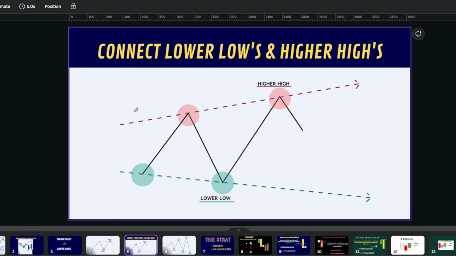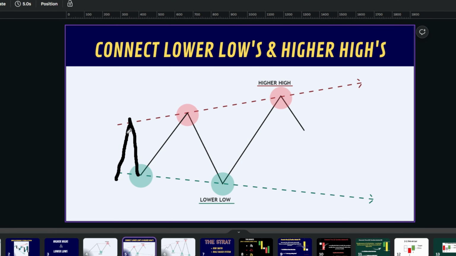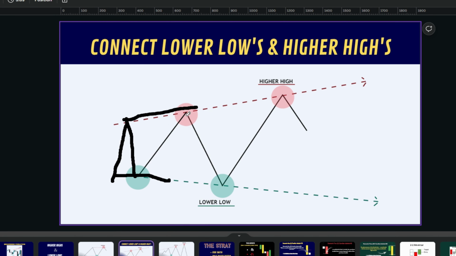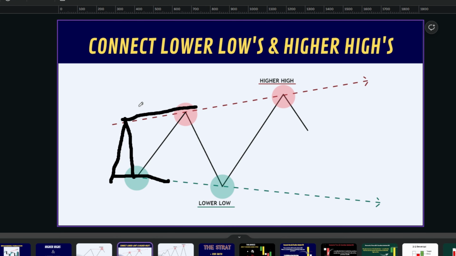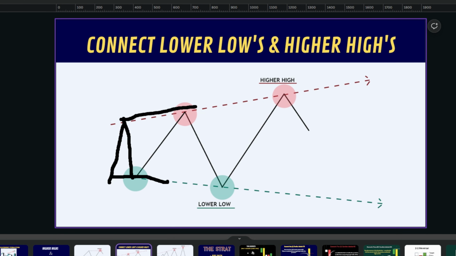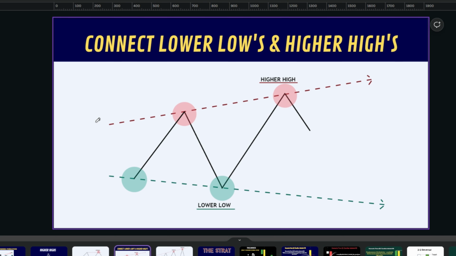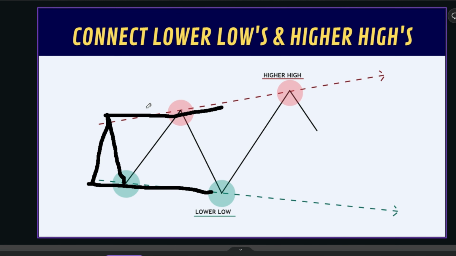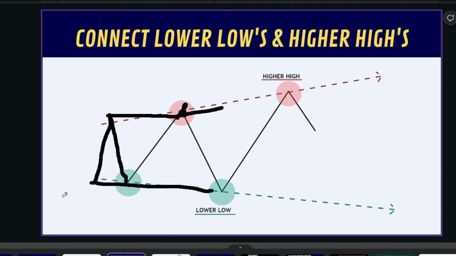So after you have the first 2 here, you can connect those, and now you have what I call your 3 trades here. So depending on which side it gives you the first 2 to connect to, usually it's the top. You can start trading as soon as you see that higher high made, and as long as you have a lower low on either side.